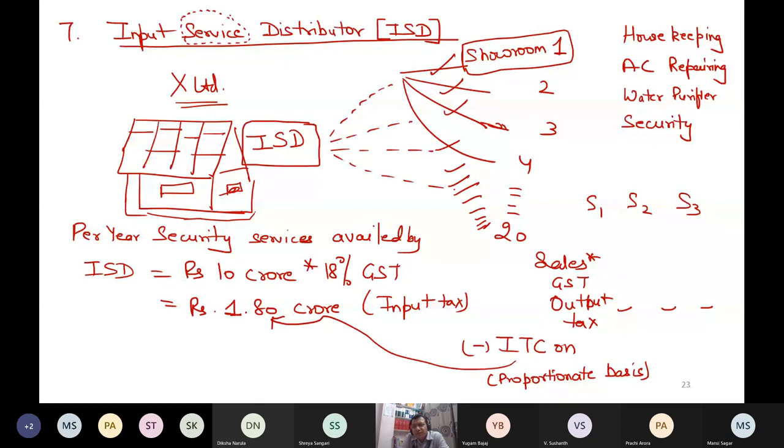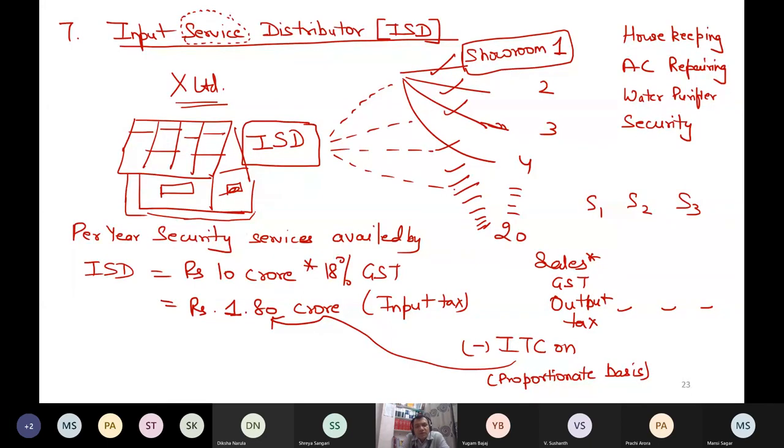It is feasible as well as acceptable as well as prevailing in real life. So what I wanted to tell you is, every input service distributor is supposed to compulsorily take GST registration, because if that person cannot take registration, then it is problematic to distribute these proportionate taxes to the retailers or whosoever they are.